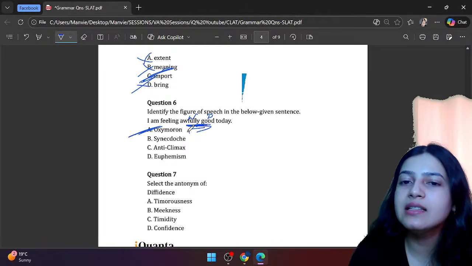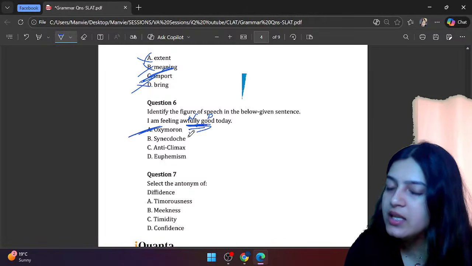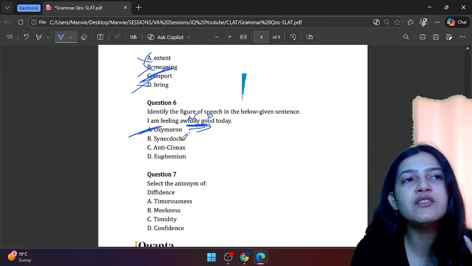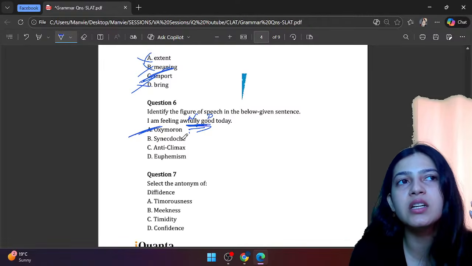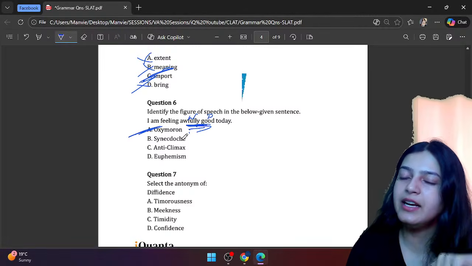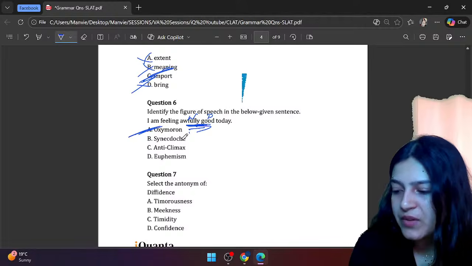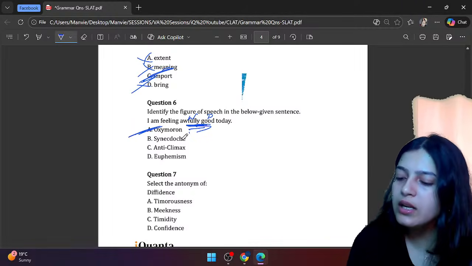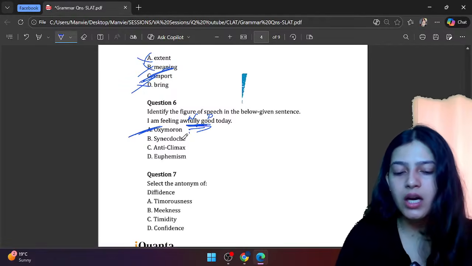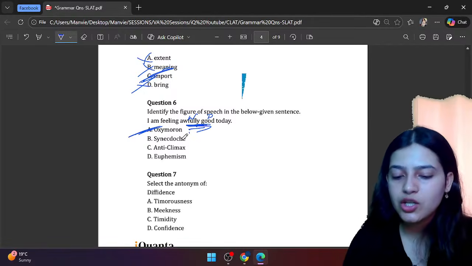C. C is synecdoche. This figure of speech means that a particular sentence is talking about a part and it represents the whole, right? Part to whole or whole to part, ठीक है? So vice versa, दोनों तरीके का representation हो सकता है.